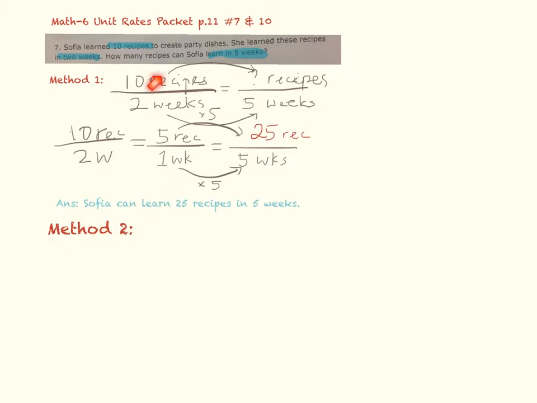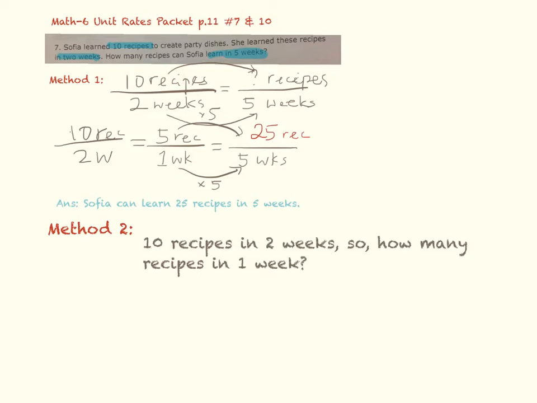Okay, so for method 2, you go back to the original rate that was given, 10 recipes in 2 weeks. So you ask yourself, how many recipes in 1 week? This is a pretty easy question to answer. It's going to be 5 recipes in 1 week, which is a unit rate.